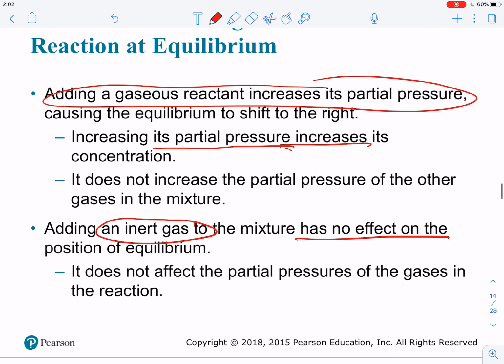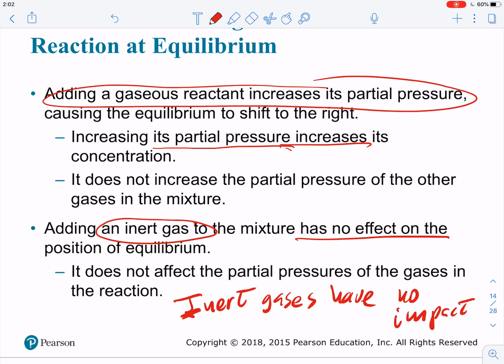Okay, let's write that down. Inert gases have no impact. It will not affect the equilibrium. Gaseous reactants and gaseous products will have pretty much the same impact as if you were working with concentrations.